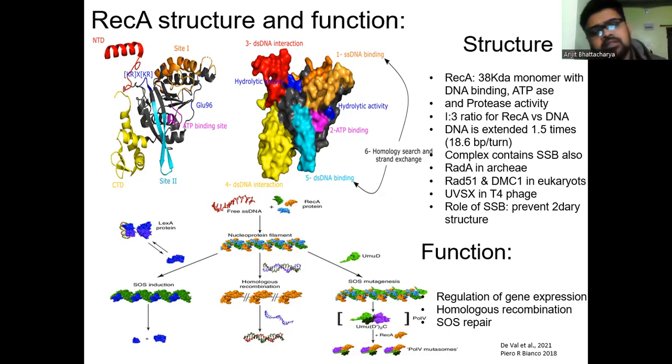And in the RecA SSB complex, the role of SSB is specifically to prevent secondary structure formation by the single-stranded DNA.